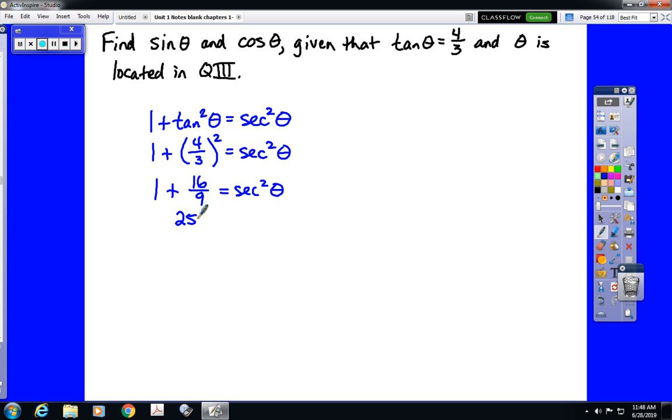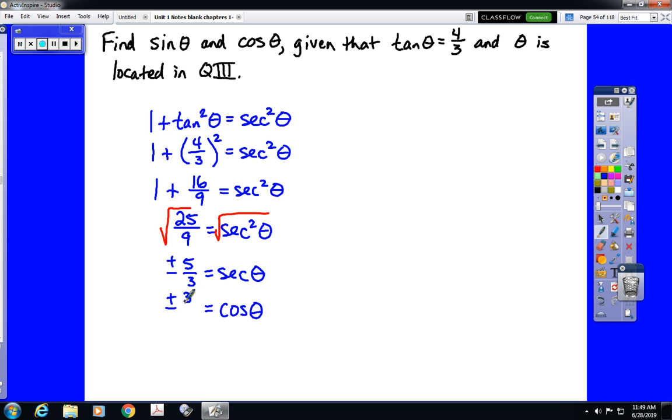That would be 25/9 equals secant squared theta. And take the square root of both sides to get rid of the squared. Should be plus or minus 5/3. Which means that the cosine of theta is either positive or negative 3/5, the reciprocal.